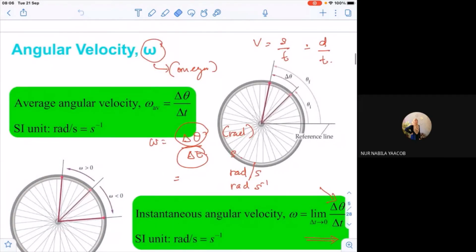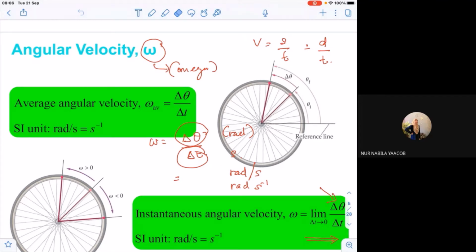Okay, so this is angular velocity. It uses the same method as what we learned in kinematics. If in kinematics we have average velocity, in rotational kinematics we will also learn average angular velocity, just that angular velocity is based on theta over time.